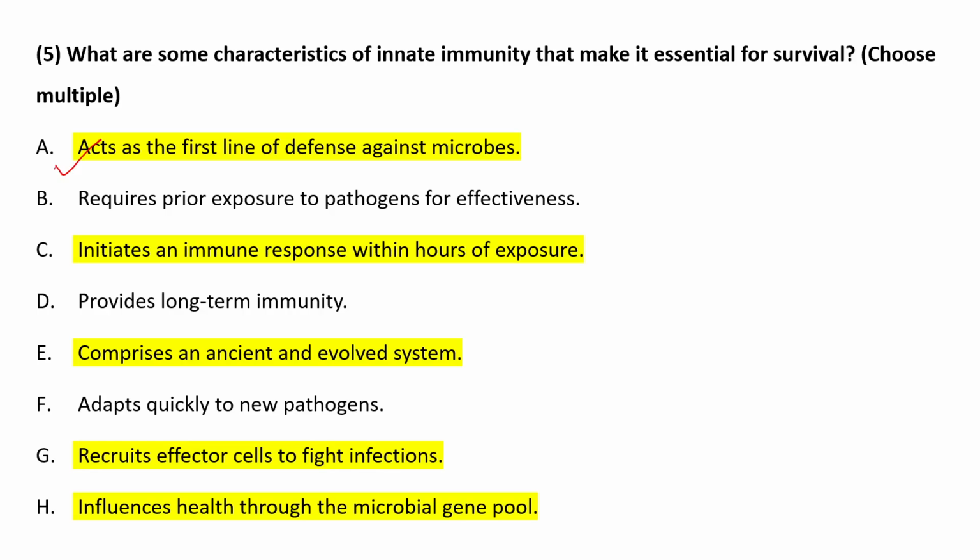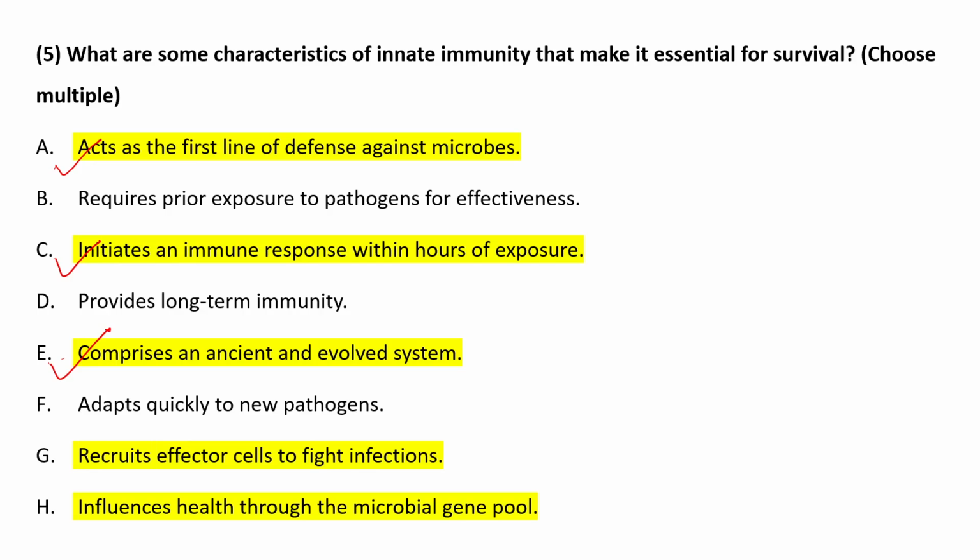It is the first responder to a pathogen attack, and it also initiates the immune response within hours of exposure. It is the immediate response to pathogens. In the case of adaptive immunity, it takes many days to create an immune response, but innate immunity is activated immediately on a pathogen attack.